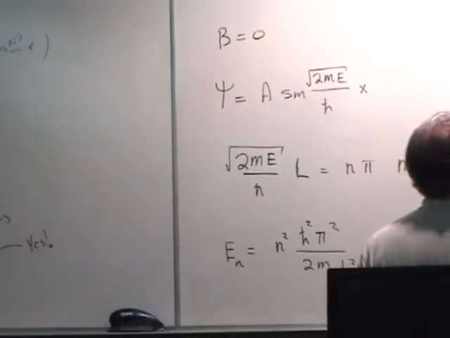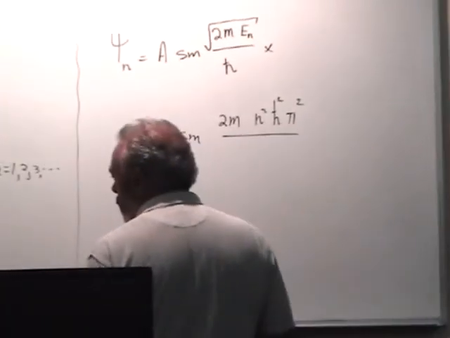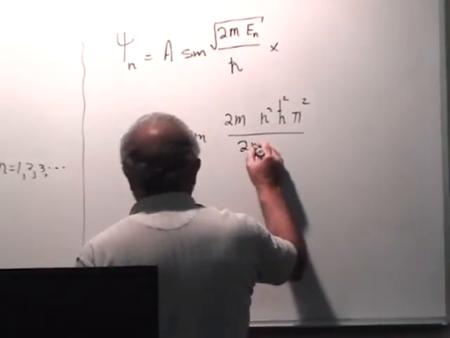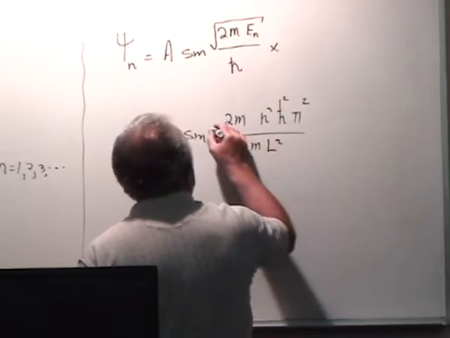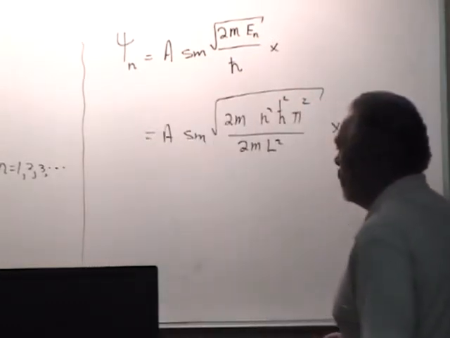It is A sine of the square root of 2m times n squared h bar squared pi squared divided by 2m L squared. This whole thing is under the square root. This gets an x. Now let me see, did I put that in properly?